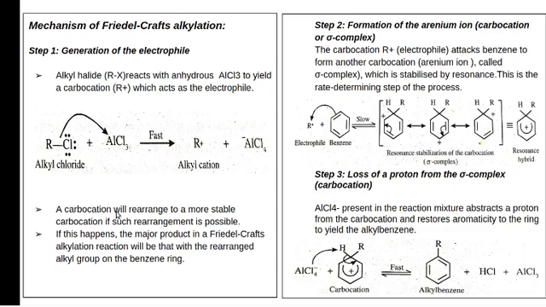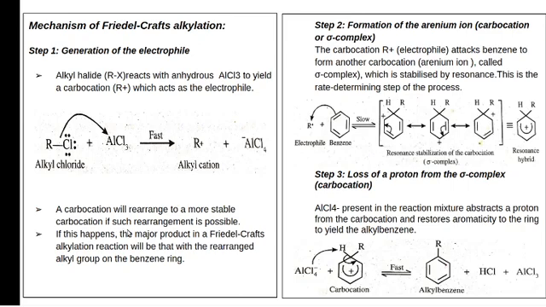A carbocation will rearrange to a more stable carbocation if such rearrangement is possible. So if there is a possibility for the carbocation formed in the first step to rearrange into a more stable carbocation, it will do so.